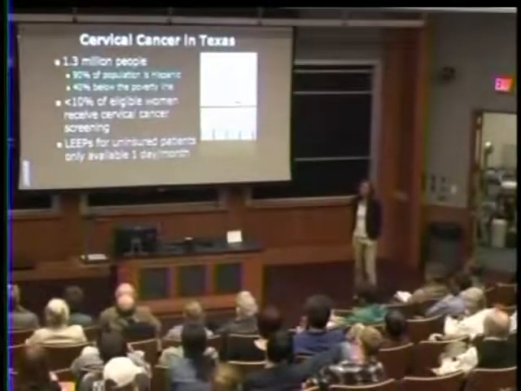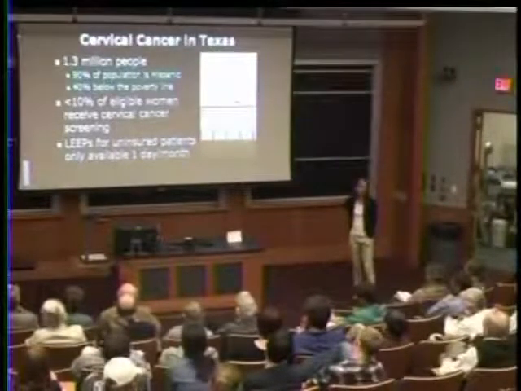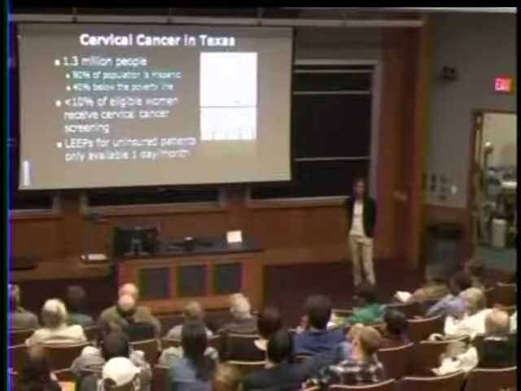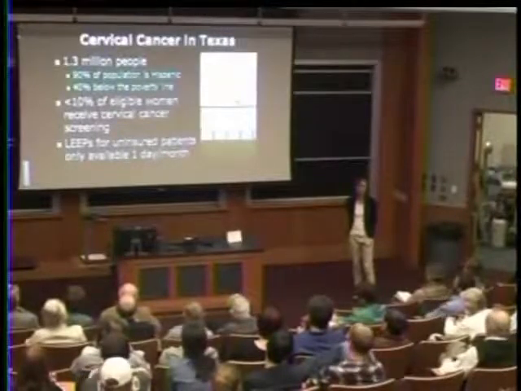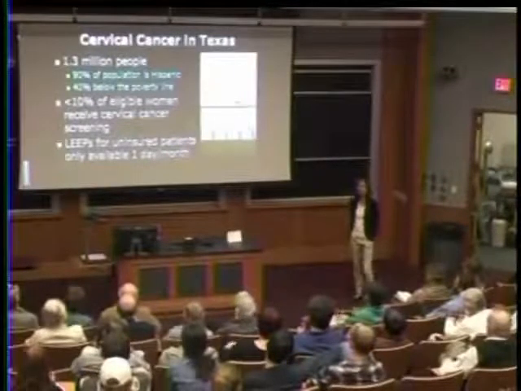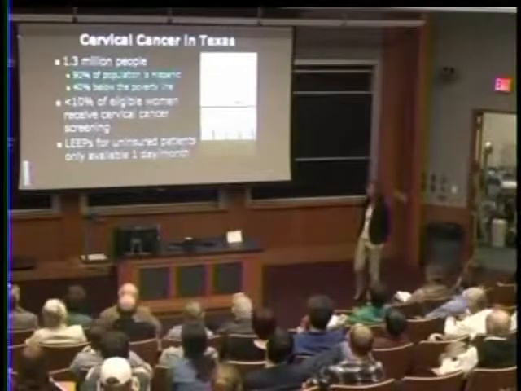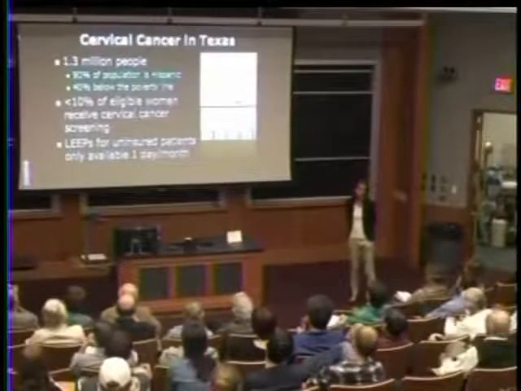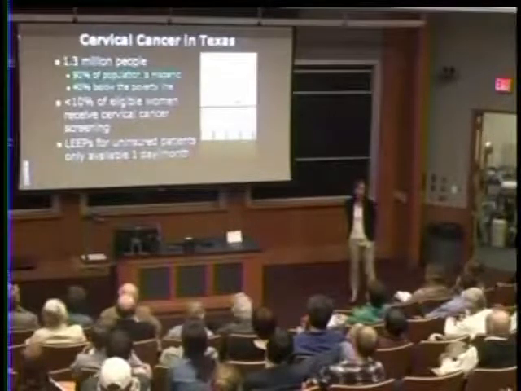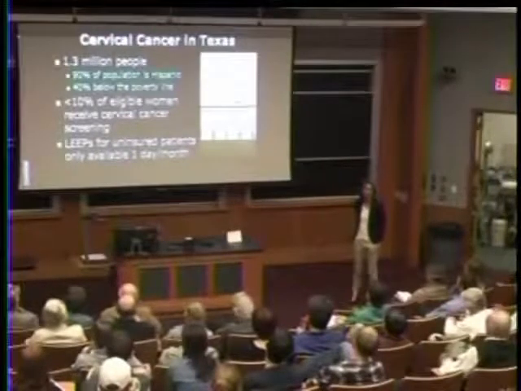And this is not only a challenge outside the United States, it is also a big challenge right here in the state of Texas. If you look at the Rio Grande Valley, the 4 counties at the southern tip of the state, it's a population of about 1.3 million people, 90% Hispanic, 40% living in poverty.